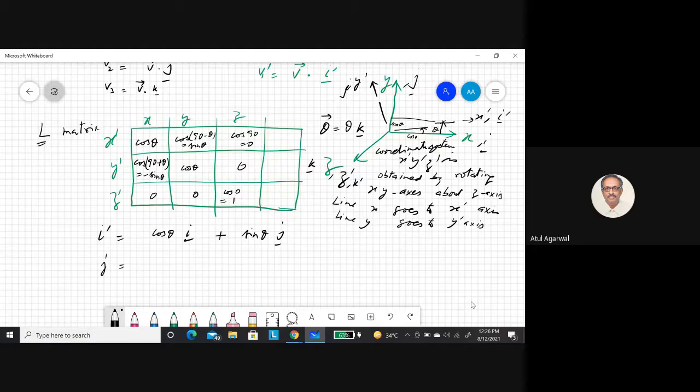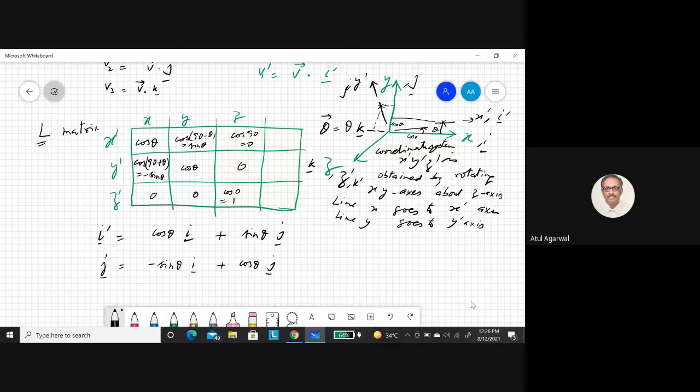What is my j prime? You see from here, cos theta i, sin theta j. Here you expect minus sin theta i plus cos theta j. How are you doing it? For j prime, you have to draw a perpendicular to the y-axis and a perpendicular to the x-axis.